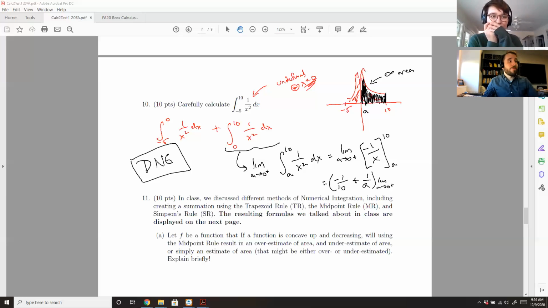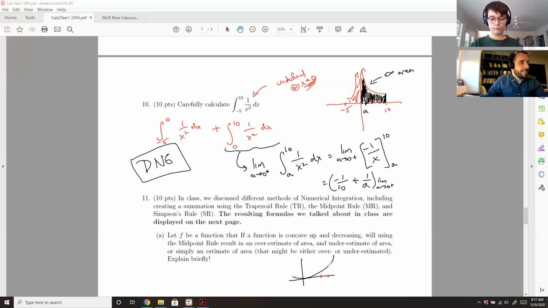What I really want you to do there is to remember the framework of how you set up a trapezoid rule, how you set up a midpoint rule, and which one might be an overestimate and which one might be an underestimate. My 30-second spiel on those integration techniques is that if you had a function that was concave up and you were using the trapezoid rule, you'd end up creating trapezoids that went over the function itself, right?